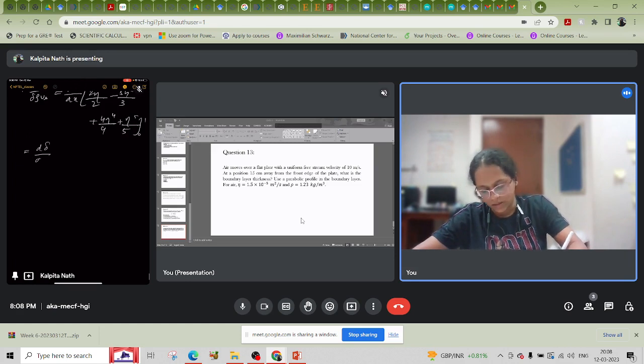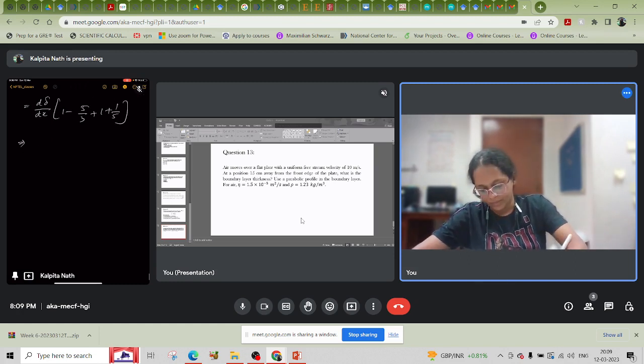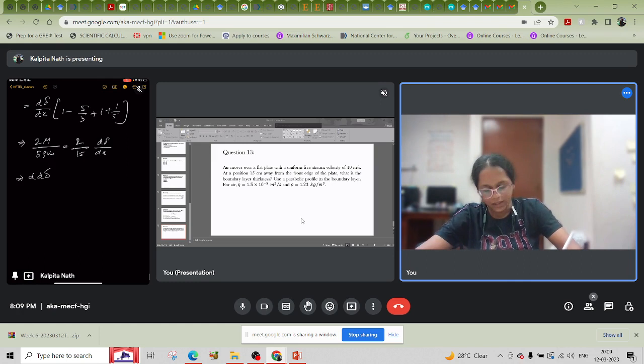D delta by dx times 1 minus 5 by 3 plus 1 by 5. This is 2 mu by delta rho u infinity is equal to 2 by 15 d delta by dx, or delta d delta is 15 mu by rho u infinity dx.